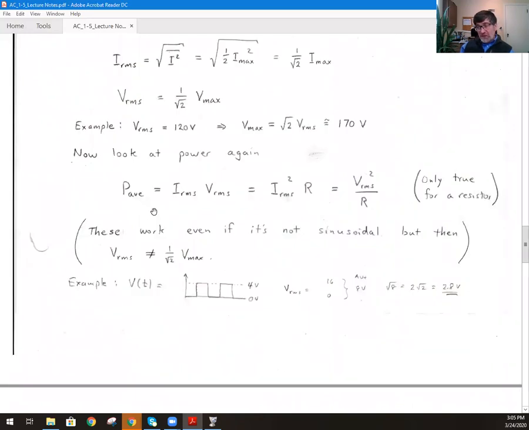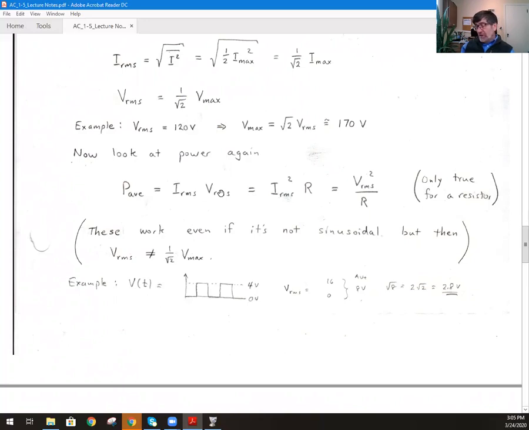So just to reiterate, it is true that when you use a meter and measure the voltage and you set the meter to read the AC voltage, it is reading RMS. You didn't know that perhaps, but it is. That's the number it's giving you.